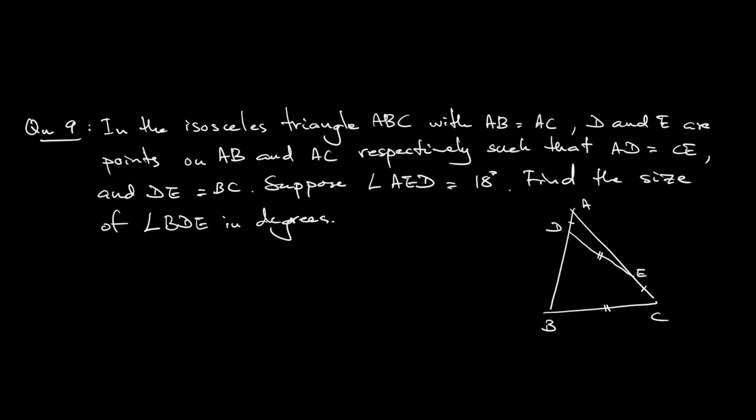It's already annotated in the diagram. Suppose that the angle AED is 18 degrees. So this angle is 18 degrees. The question asks what is the angle BDE in degrees.